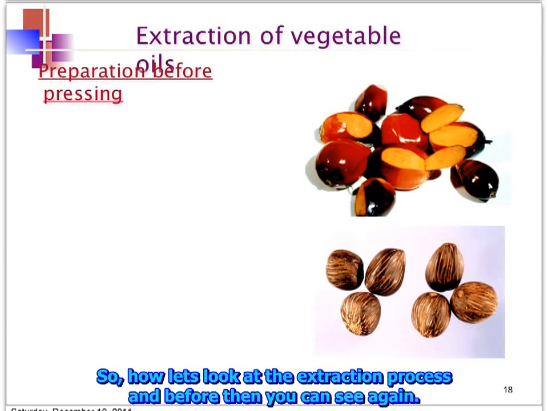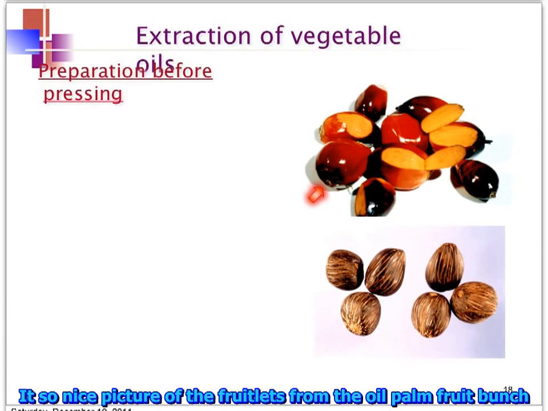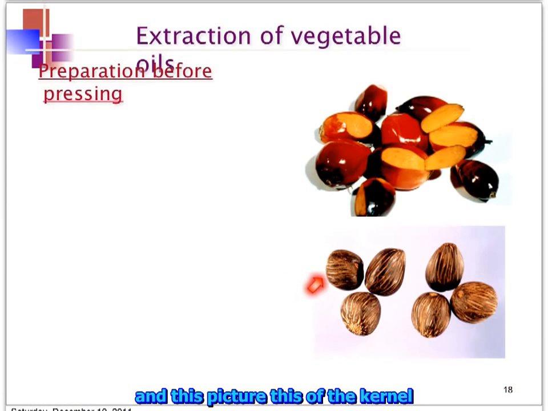So now let's look at the extraction process. Before that, we can see again this nice picture of the fruitlets from the oil palm fruit bunch, and a picture of the kernel.